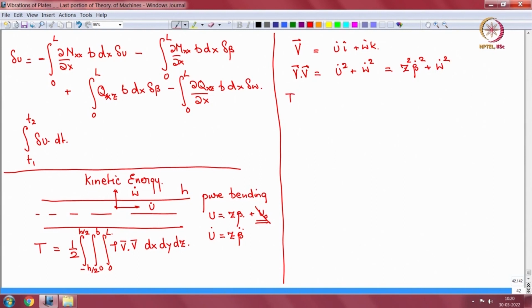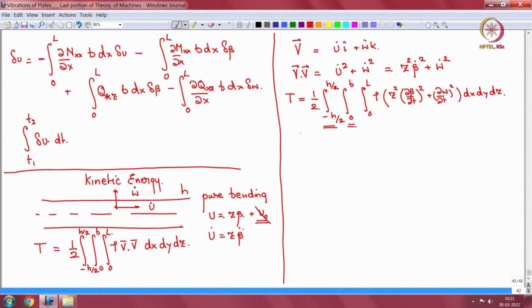So now my kinetic energy is 1/2 integral minus h by 2 to h by 2, integral 0 to b, integral 0 to L, rho, z square del beta del t whole square plus del w del t whole squared, dx dy dz. We will do the h and b integral.